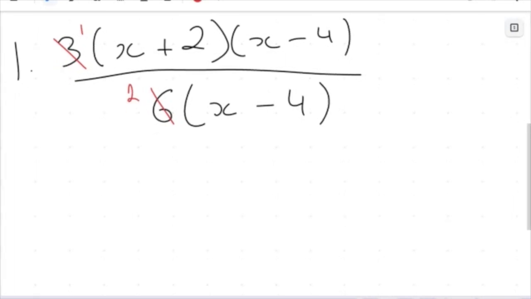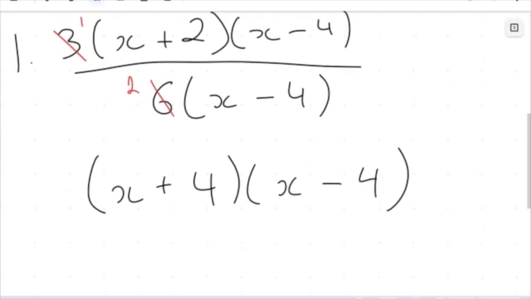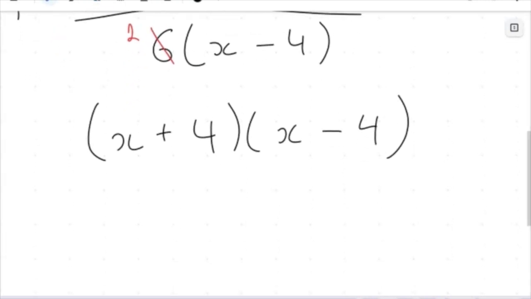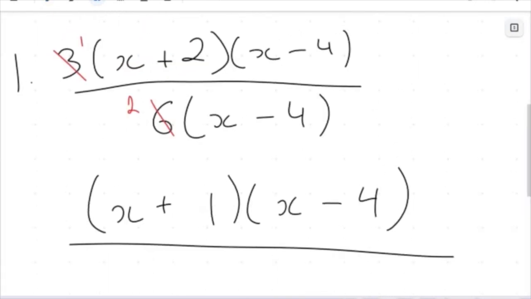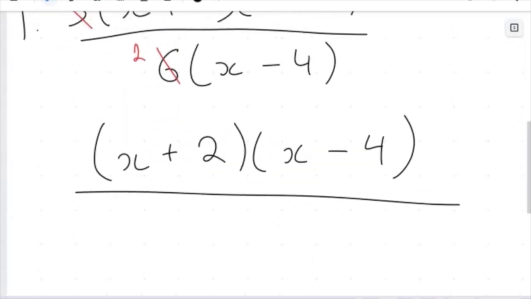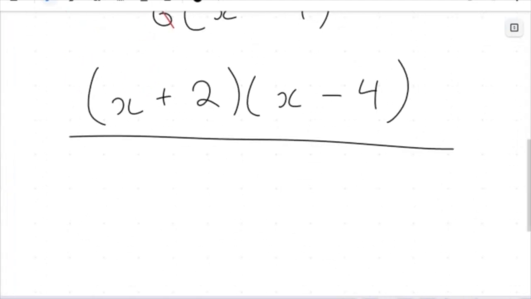So I can rewrite that as either 1 outside of x plus 2 brackets then x minus 4, but multiplying this 1 here is just the same as having this expression as it is. The 1 doesn't add anything, so we can just leave it like this. Oops, that's meant to be x plus 2. And here we have 2 outside of x minus 4.